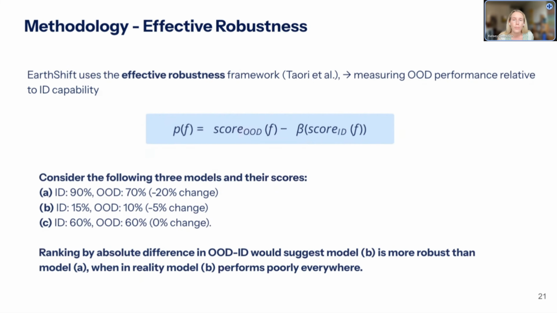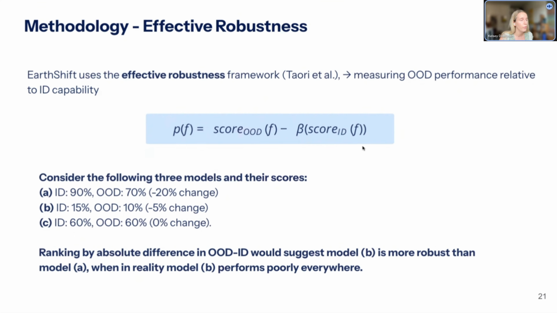That's only a 5% drop in performance. So if you're looking at just the performance delta, that would suggest that maybe model B is more robust and a better choice than model A, but in reality, model B is just very bad, right? It's performing very poorly on both data sets. So we want to look at this performance relative to the in-distribution performance capability so that we have a better way to look at the effective robustness itself.